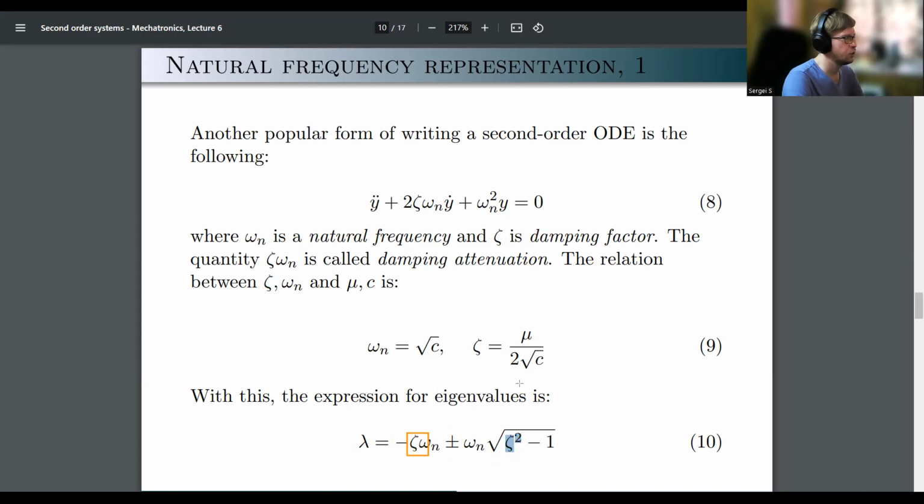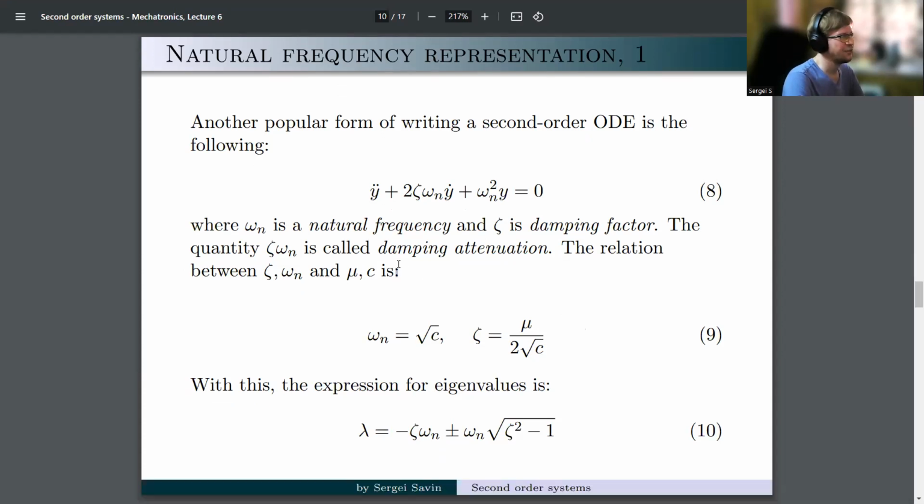Okay. Now, why do I say that it has to be this guy, zeta, that has to be 0? Why not omega? Well, if omega is 0, the eigenvalue is just 0. The imaginary part is 0, the real part is 0. So this corresponds to the situation where there's no oscillations, there is no decay, there's nothing. It's like a trivial solution.